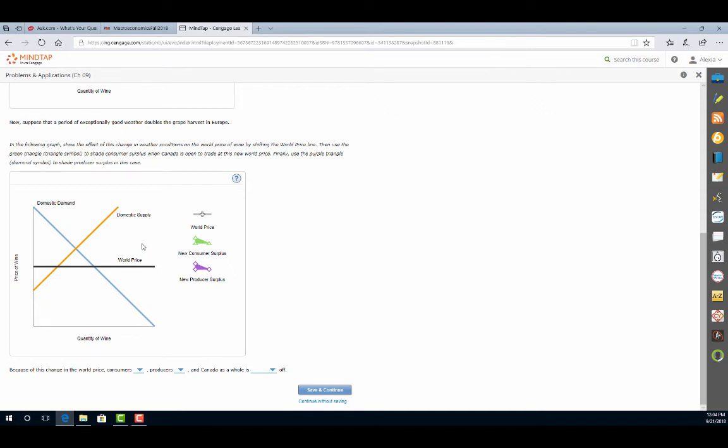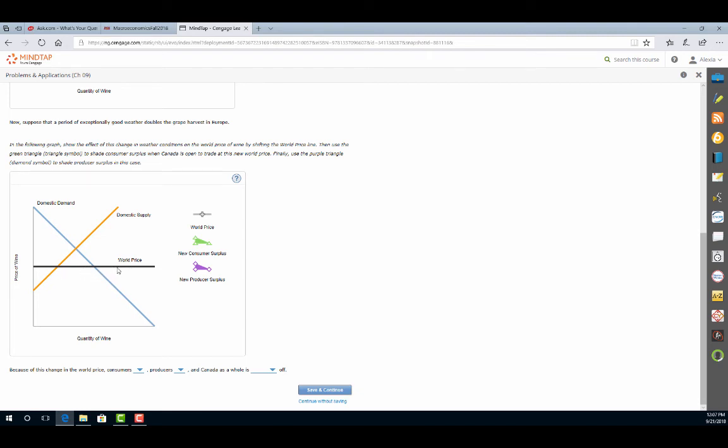So again, this is from section 1 material. Remember, good weather in agricultural products, or in this case wine, is going to allow for more production to take place. An increase in supply will shift supply overall to the right, and that will drive down your equilibrium price. So if you relate that to trade in the world, what will happen is your world price will go down.